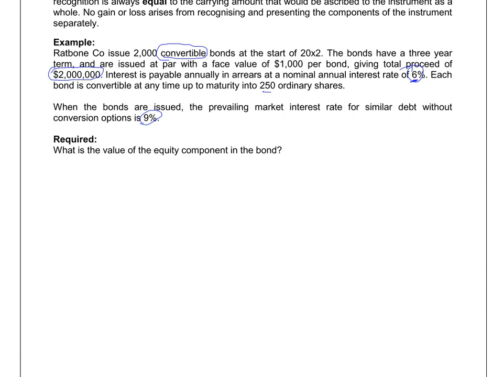So discount at 9%, how much is it? Divide by 1.09 power by 1. This one I need to discount by 1.09 power by 2, and 1.09 power by 3.